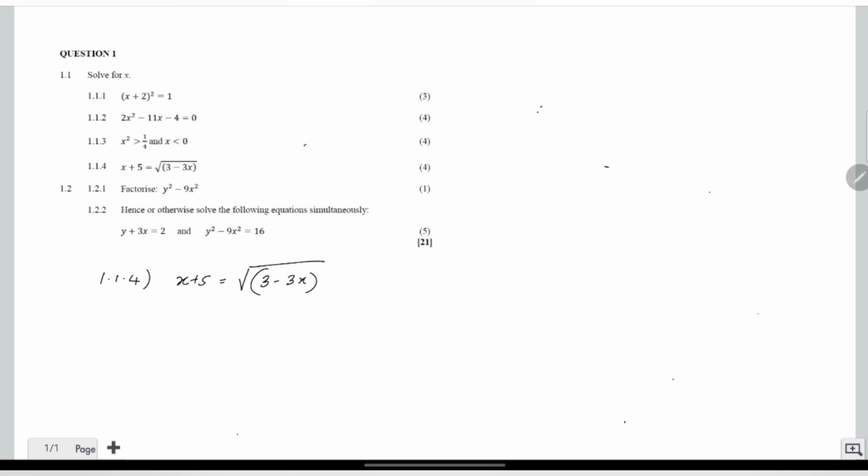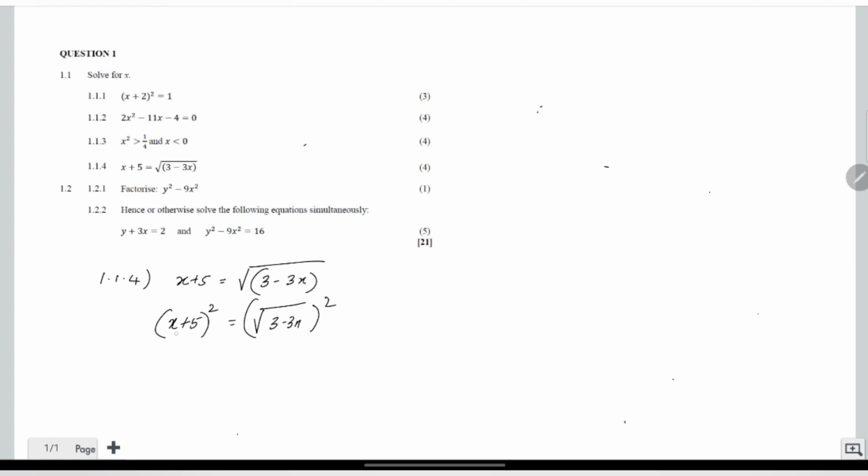It is going to be x plus 5 all square is equal to square root of 3 minus 3x all square. So this side when you square it, what happens? You can use FOIL method to expand it.